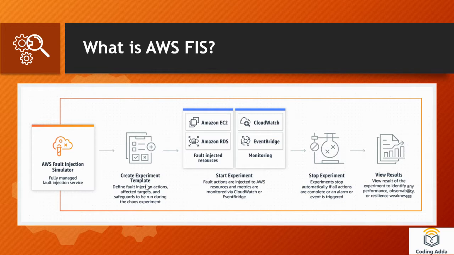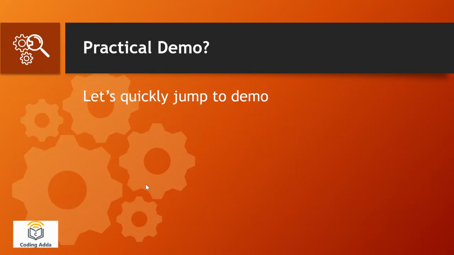So targets are the AWS services like EC2, RDS, correct? So we can inject some faults into these services, right? And once we have that experiment template ready, then we need to run that experiment, and we need to monitor, and we can see the results from CloudWatch, right? Okay, so let's quickly jump to the demo.